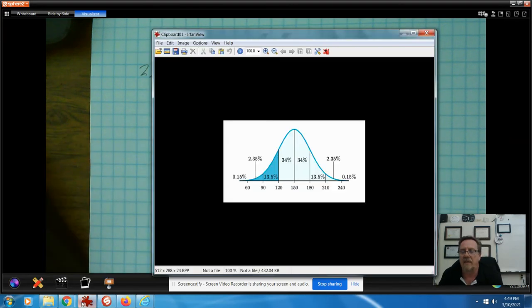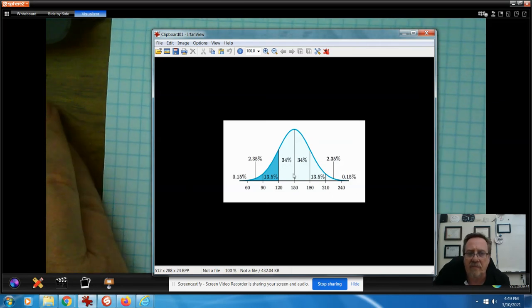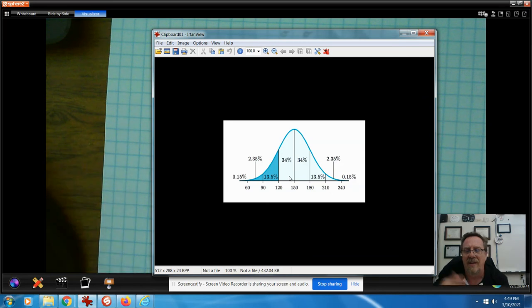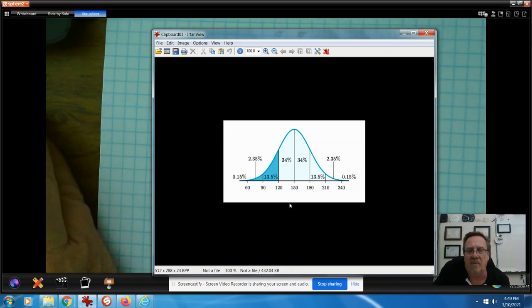Keep in mind that if your data is normally distributed, this is kind of what's going on. Forget about the particular section that's highlighted right there at the moment. Let's just look at the distributions. Notice that 1 standard deviation away, and disregard these numbers that are underneath. I just grabbed a normal distribution curve from the internet, and I'm just showing that here.